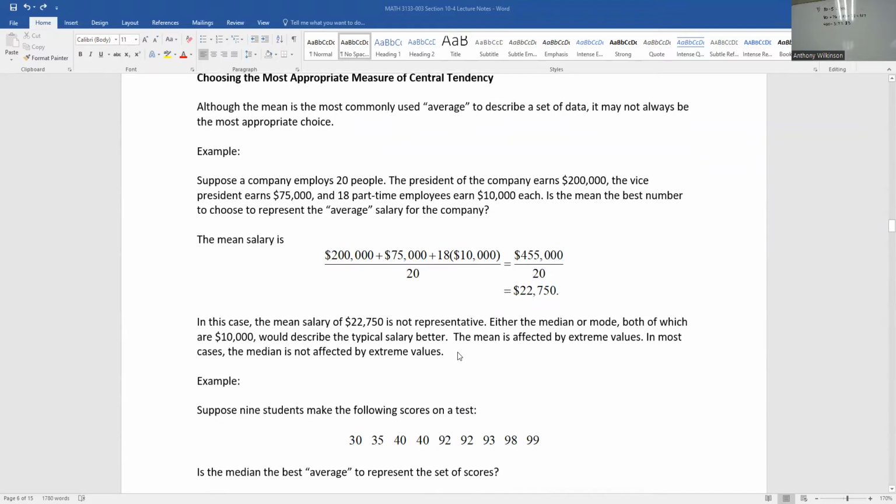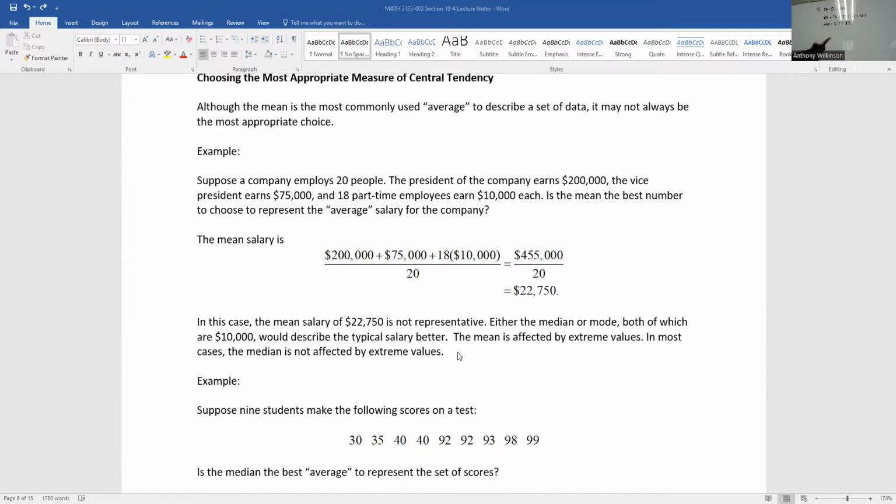Let's say a company employs 20 people. The president of the company earns $200,000. The vice president earns $75,000, and 18 part-time employees earn $10,000 each. Is the mean the best number to choose to represent the average salary of the company?